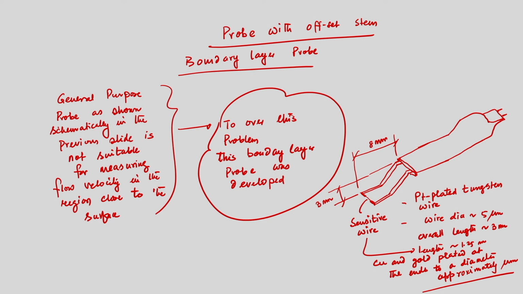that the offset distance allows this probe to be inserted even in the places which are close to the surface, and this is used to measure the flow velocity using the same principle.